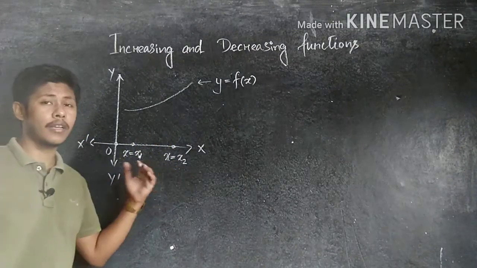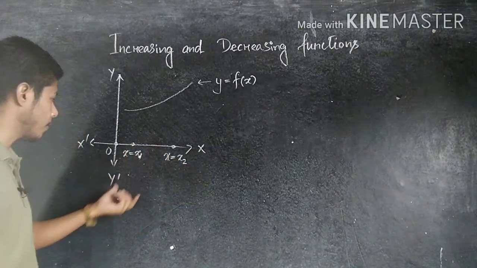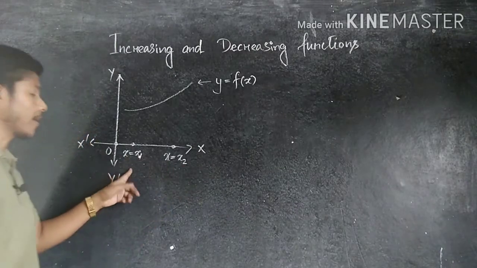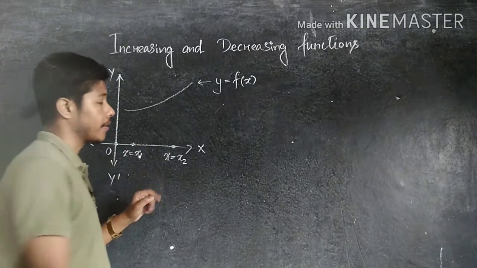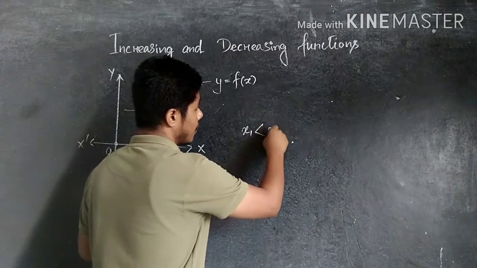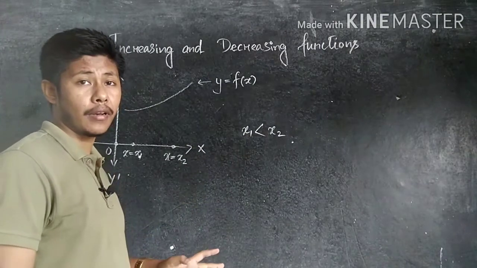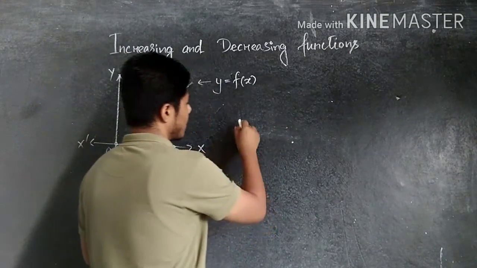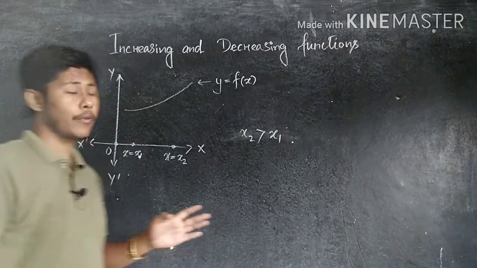Obviously this x2 coordinate is greater than x1, is it not? So from here we get one condition: the value of x1 is always less than x2, or we can write x2 is greater than x1.